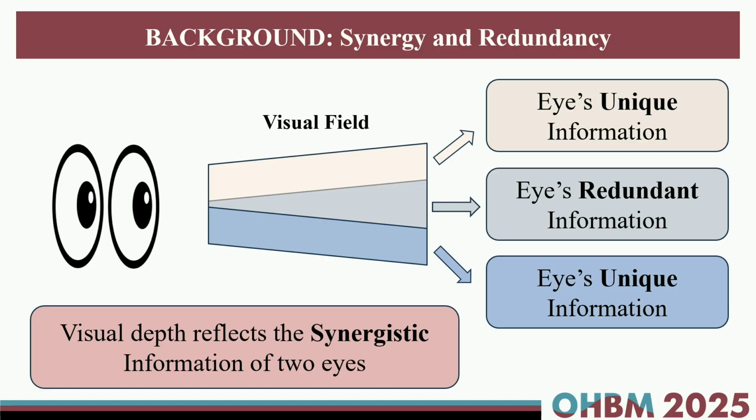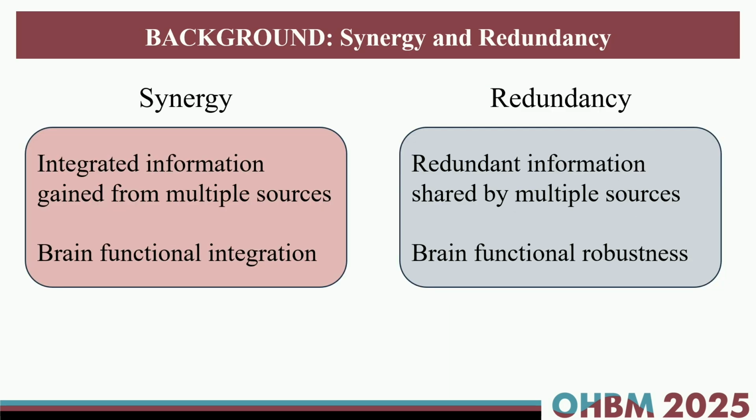In contrast, the sense of visual depth is an example of synergetic information. It is something we can only obtain by combining the input from both eyes, and no single eye alone can capture this depth perception. In short, synergy is the extra information you get when combining signals together.